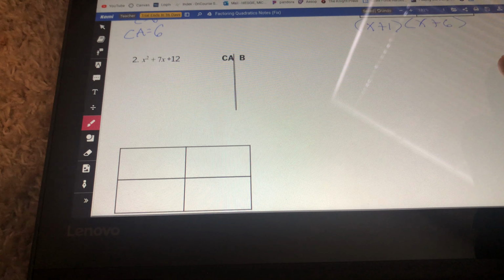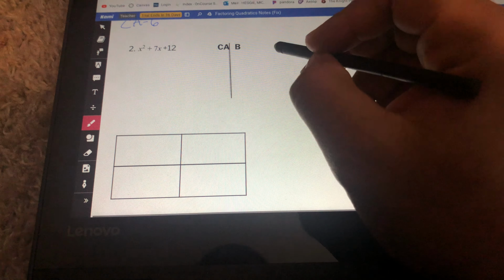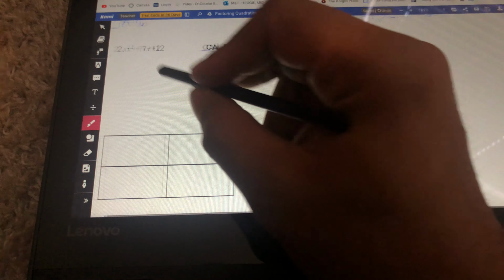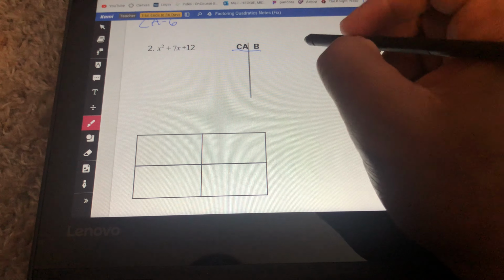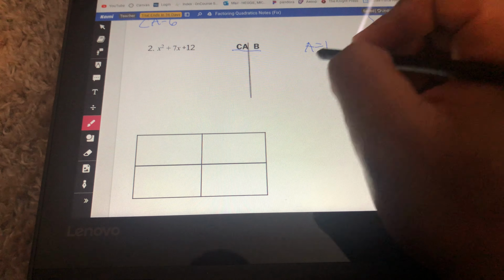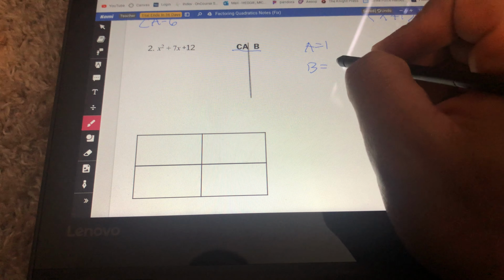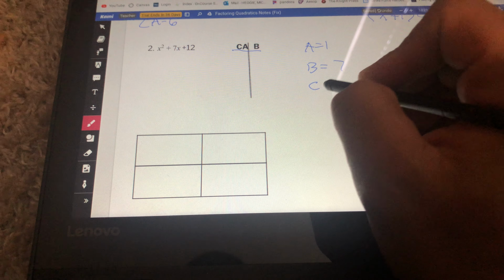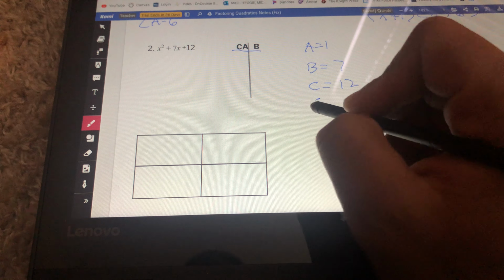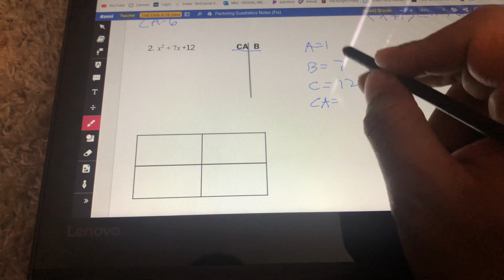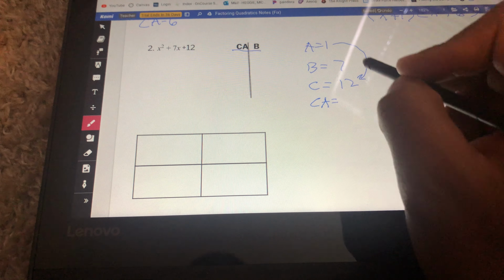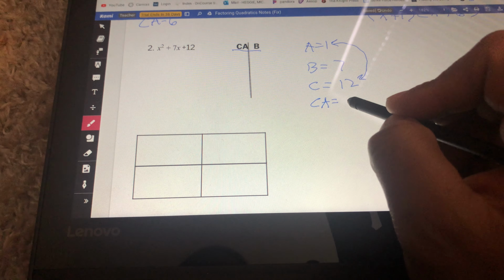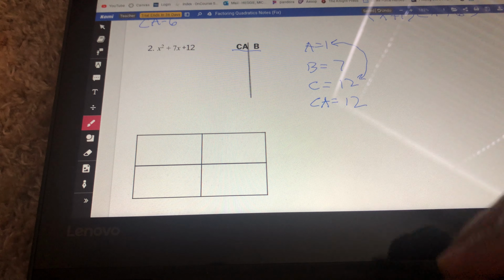We can do the same thing in the next example. The process never changes. You're going to list your A, B, and the C. So A is equal to 1, B is equal to 7, and then C is going to be equal to 12. Then I want to list CA, which is equal to 1 times 12, which is just 12 in this case.